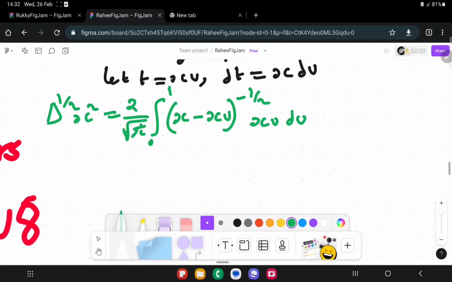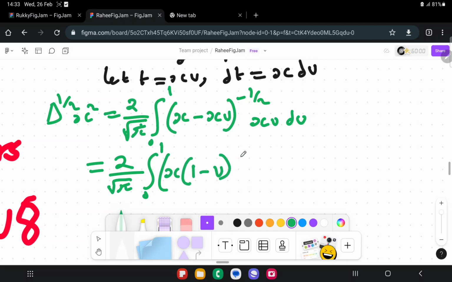Now I'm trying to factor out the value of x. We're going to have 2 over the square root of pi, then our integral from 0 to 1 of x, then open bracket 1 minus u, close the bracket, raised to power negative half, and then we have our xu du.